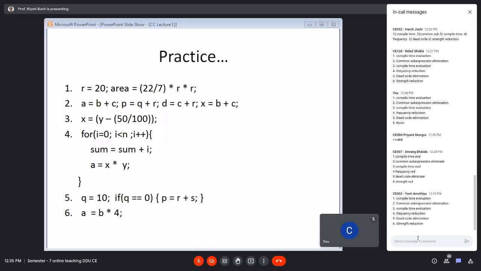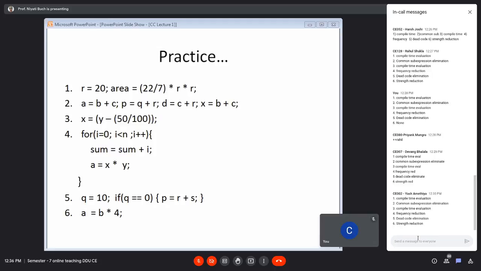Multiplication is a costly operation which can be replaced with either addition or shift, because we are multiplying by a multiple of 2, so we can also use a shift operator for strength reduction. So all those students who have correctly identified strength reduction in the last code segment are correct.